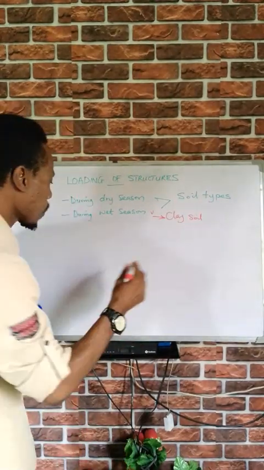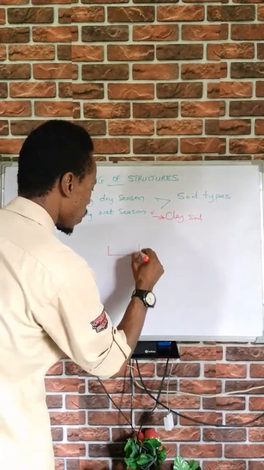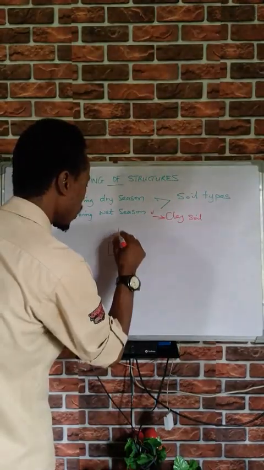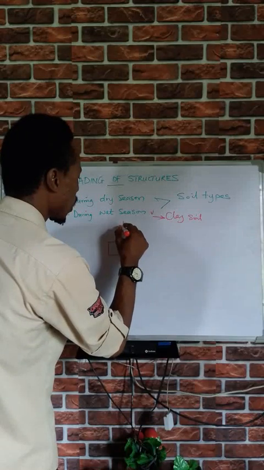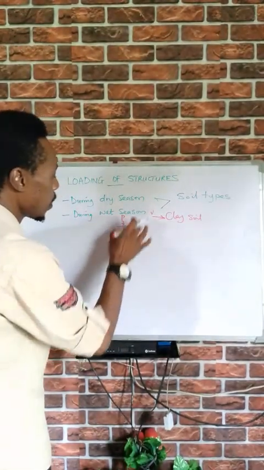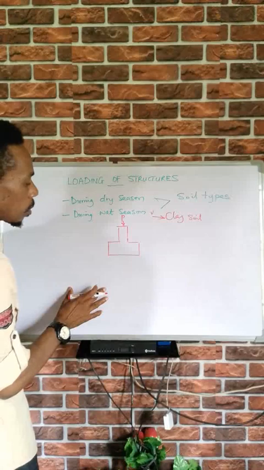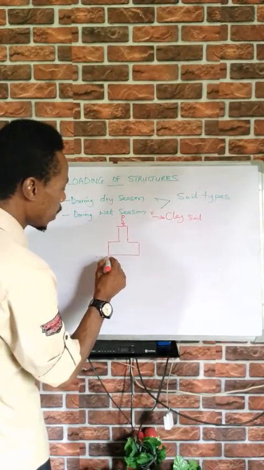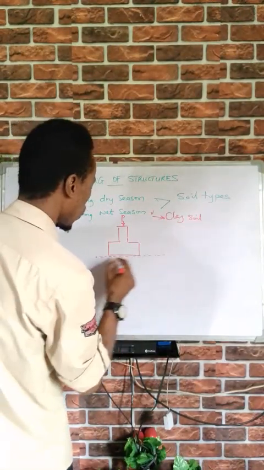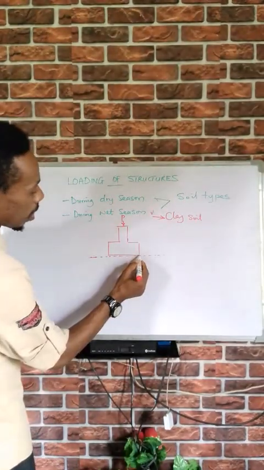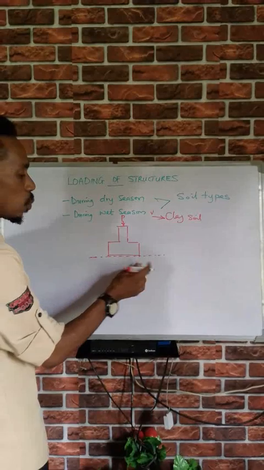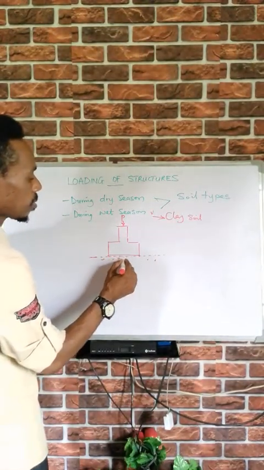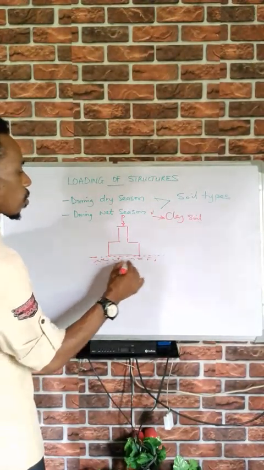For example, this is our base on a clay soil. Let's say P, the load coming downwards. Now, ideally, this is the soil, so it is this area of the base that has a direct interface with the soil.